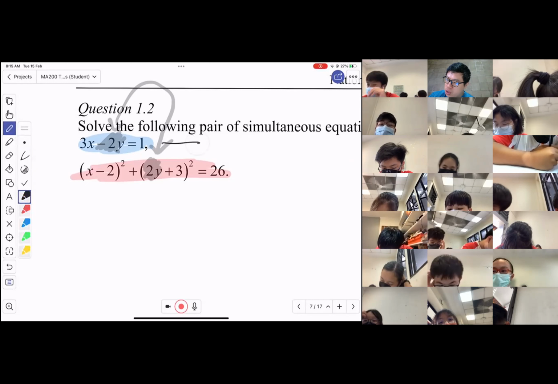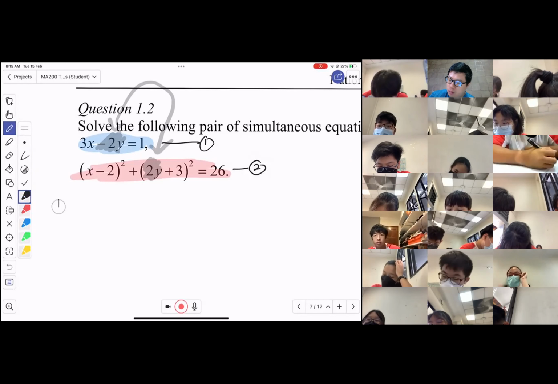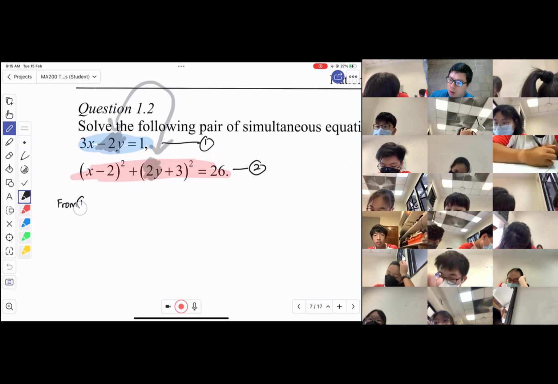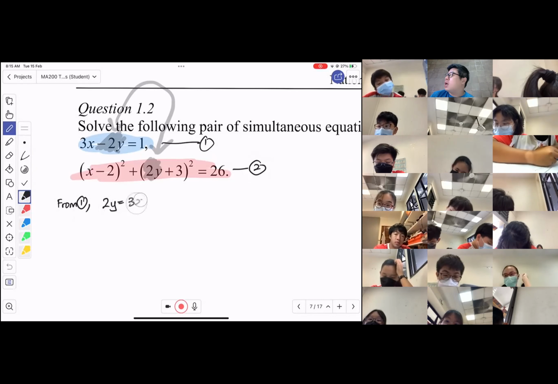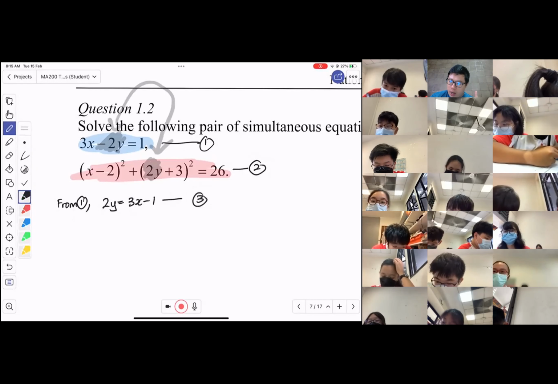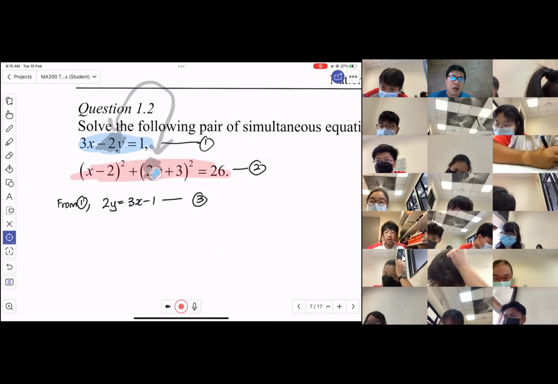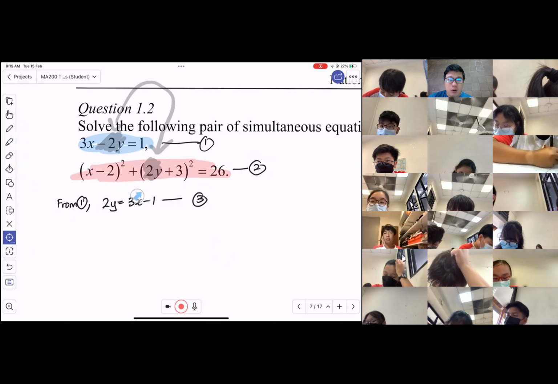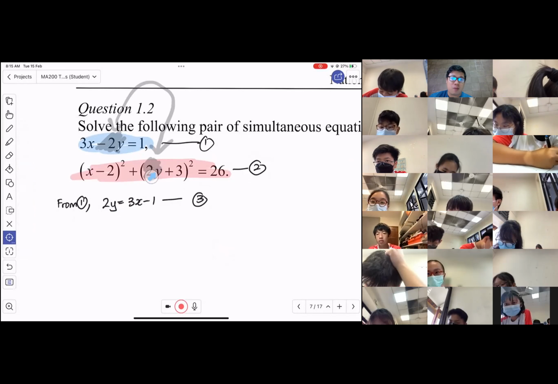I will call this equation 1 and equation 2. From equation 1, I will use 2y equals 3x minus 1. Why do I choose 2y? Because this one has a 2y here, so if I sub this in, it's very perfect.